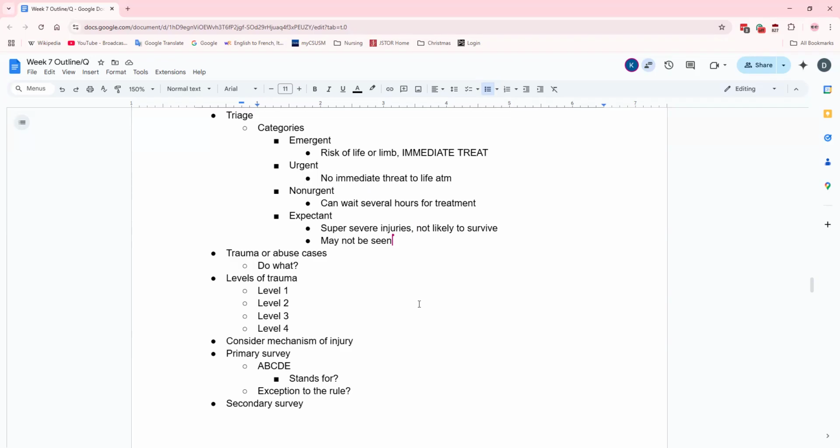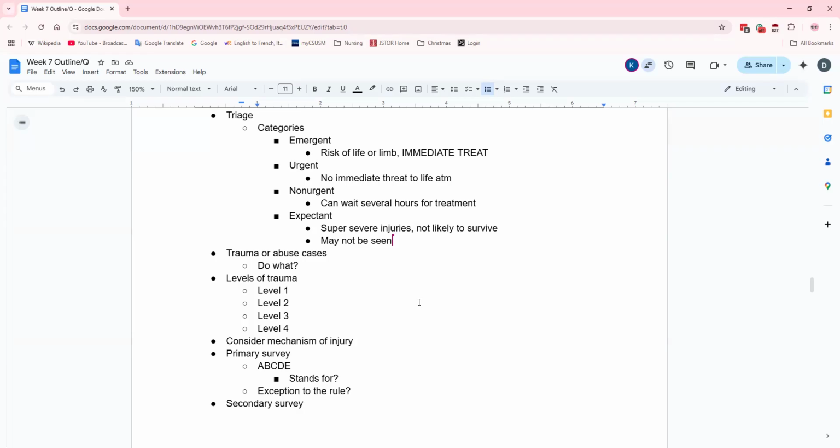This one I always thought was kind of strange when it comes to emergency and triage. Your expectant deaths, essentially. Your super, super severe injuries, not likely to survive, and if they do, they're pretty messed up afterwards. So this person may not even be seen. They're black tag. So ask yourself, is this person so extensively messed up that they're expected to die?